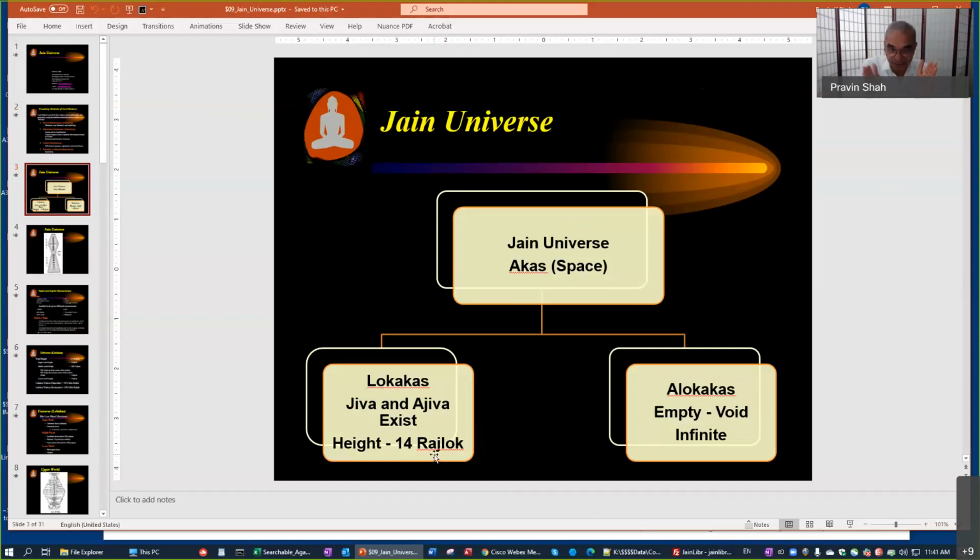It is a fixed place in the space. Within Lokakash, things move, but they can't go out. That's where soul and non-living matter exist. The rest of the place is empty and void.